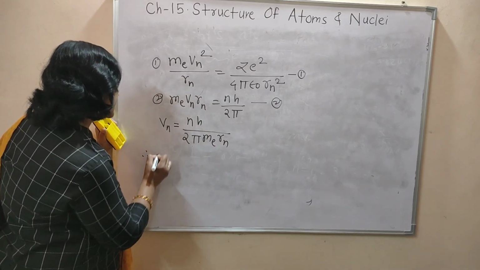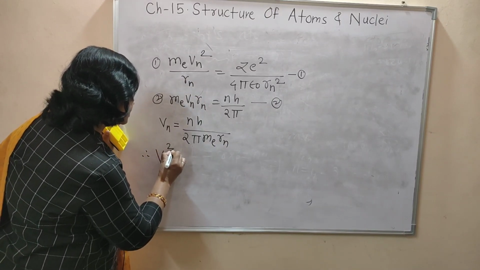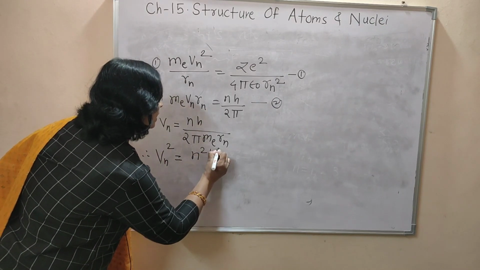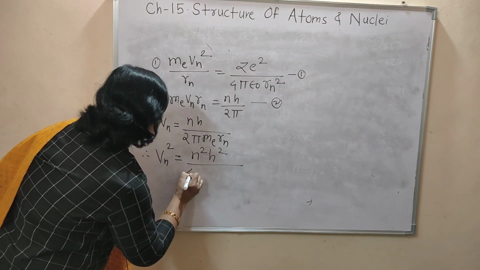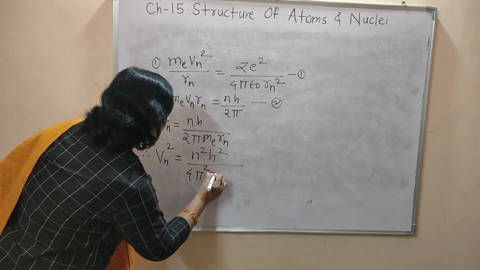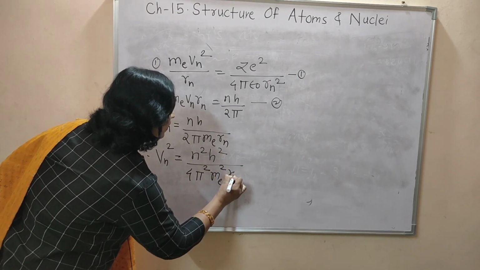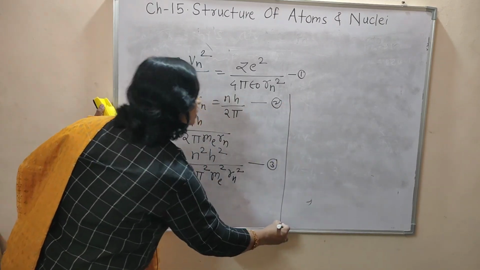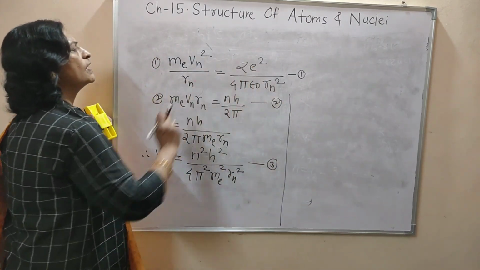Now squaring this value, Vn square is equal to n square h square by 4 pi square me square Rn square. Equation number 3. Now substitute this equation 3 in equation 1.